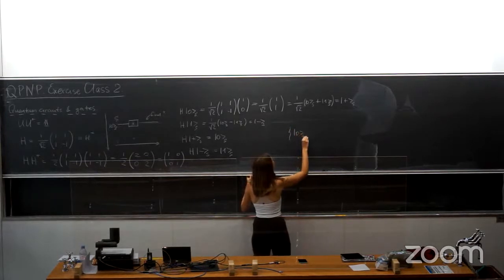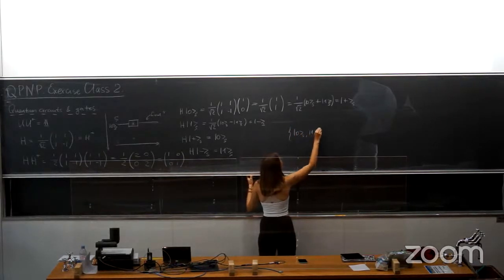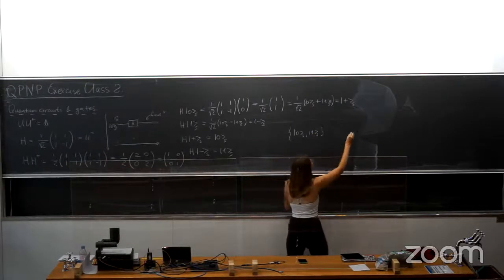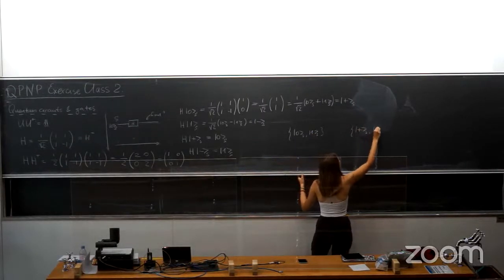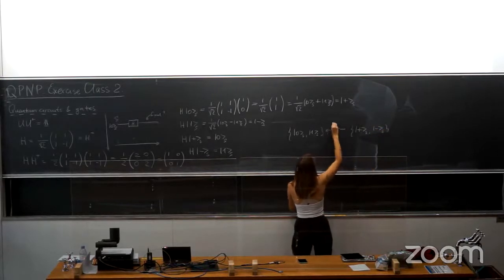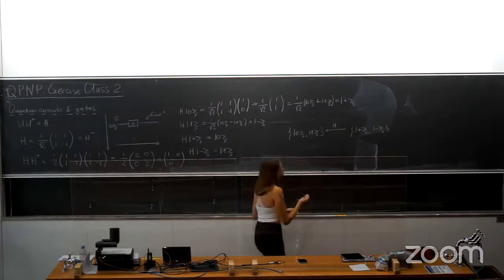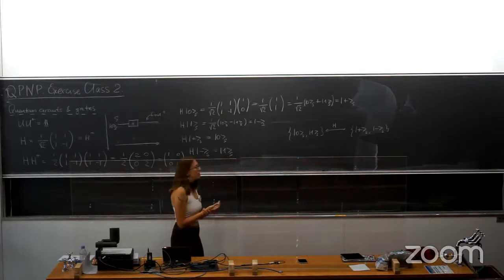One is the computational basis, and the other is the plus minus basis. To convert between these 2 bases, we can just use this operation H.